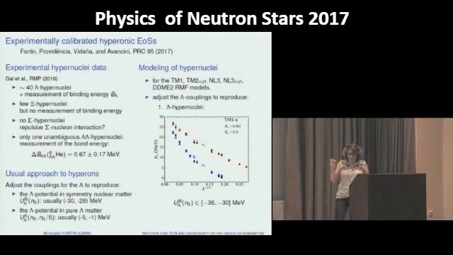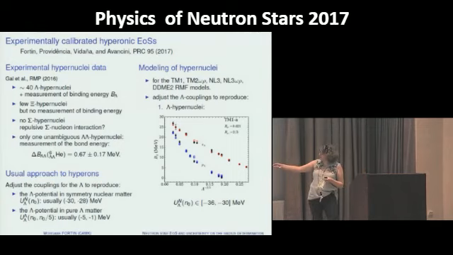The usual way of including hyperons in relativistic mean field models is by adjusting the coupling, for example for the lambda, to reproduce two quantities. This quantity here, the lambda potential in symmetric nuclear matter, and this other quantity, the lambda potential in pure lambda matter. Those are the values that are usually taken, and they are actually an interpretation of the experimental data.